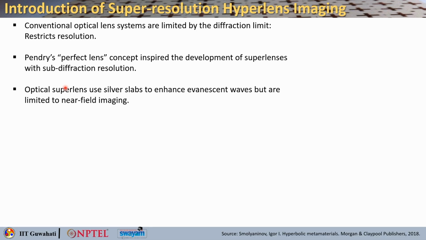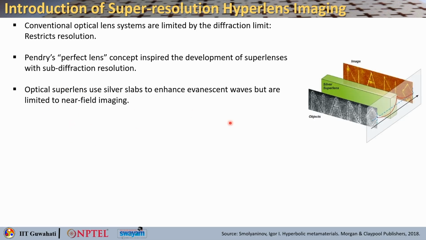The first optical super lens was realized using silver slabs that could enhance the evanescent waves, but are limited to near field kind of imaging. In this particular work, they have imaged objects which are slits as narrow as 40 nanometer across this silver super lens, which is also just 35 nanometer thick.